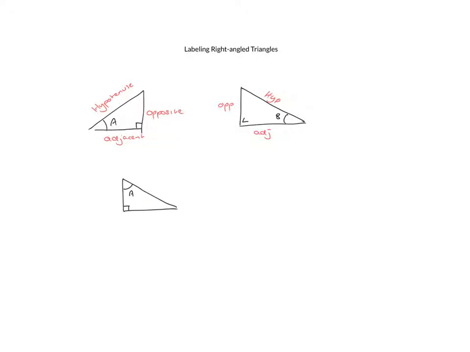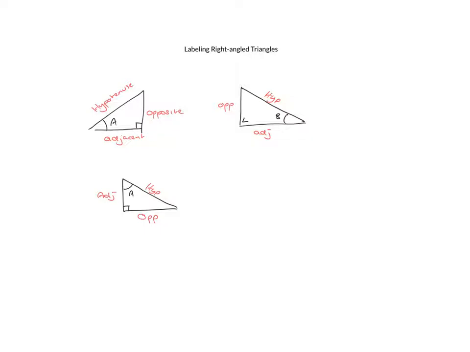So we label that the hypotenuse, our HYP. Then I look at the angle I've been given, and I go opposite that angle, which is this one here. This now is my opposite, and we can use OPP for short. Which means the final side must be my adjacent or my edge.